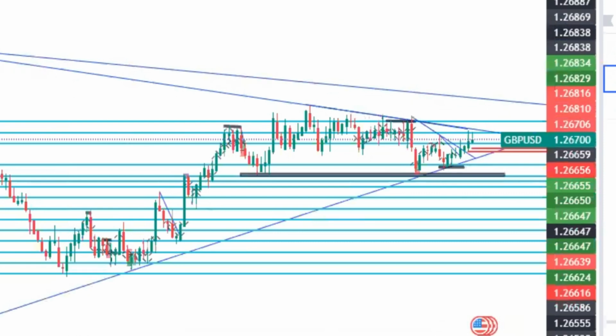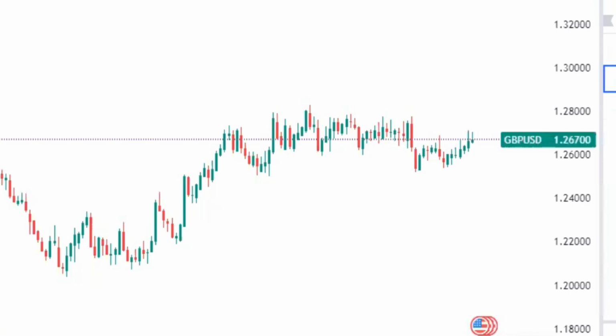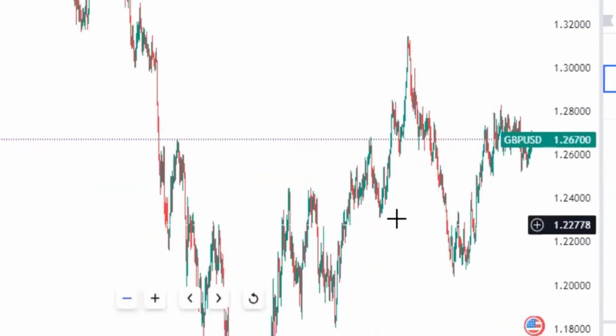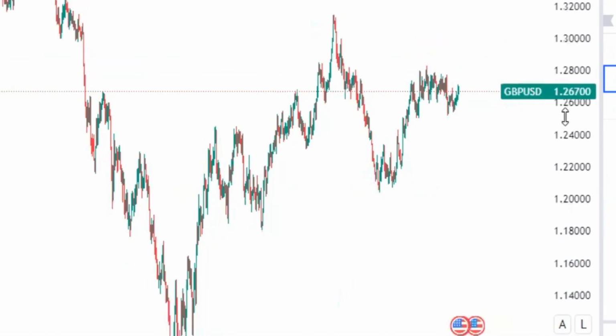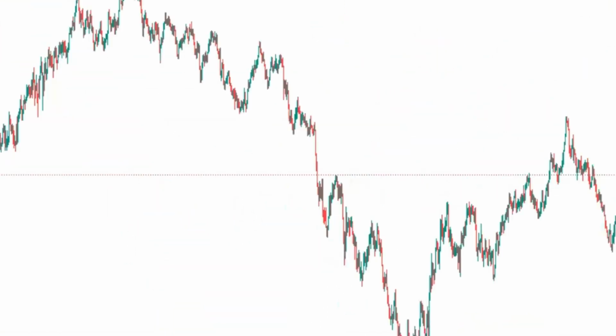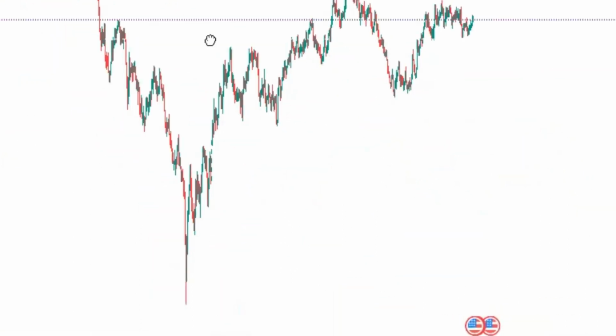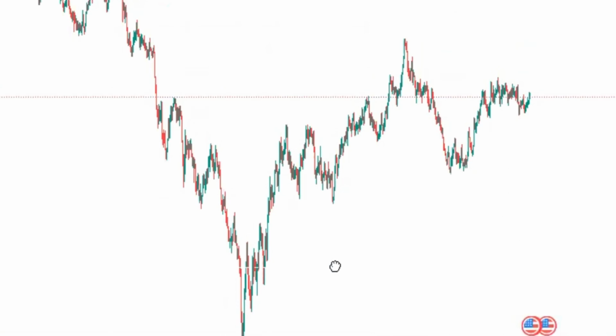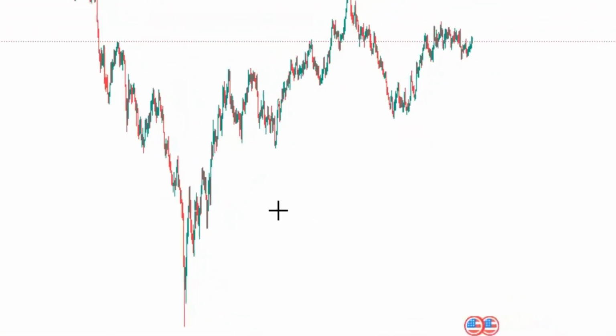I did backtesting recently, that's why you see all these indicators on it. So on my daily chart, as is clearly seen, we are in a deep uptrend.